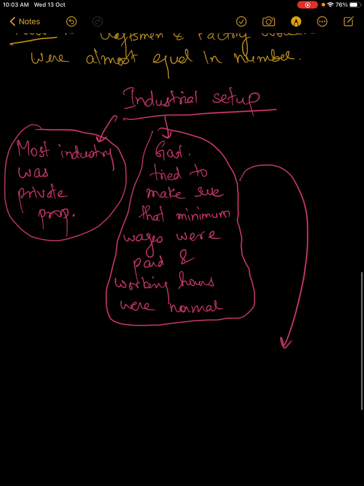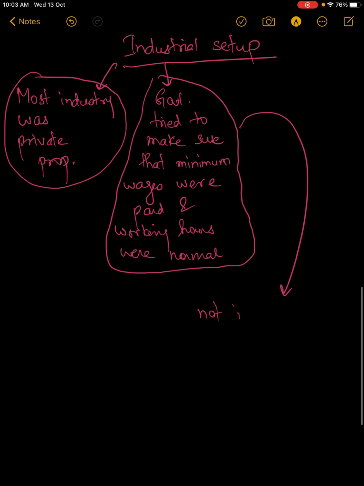But this was not implemented properly. Of course it was not implemented properly. If it would have been implemented properly, then there would have been no reason for anyone to have had a revolution.